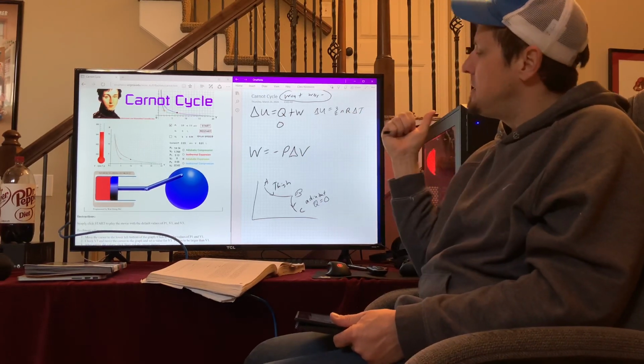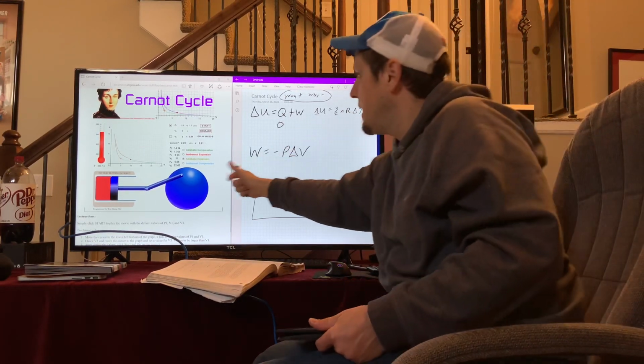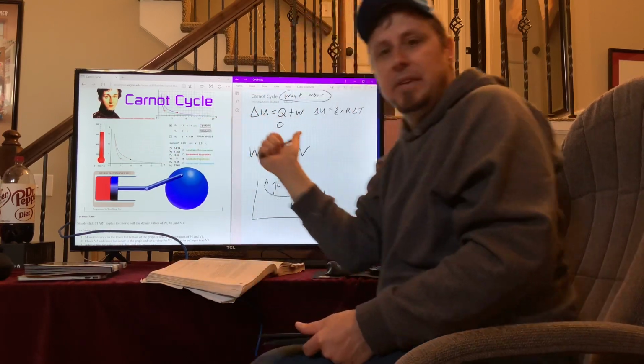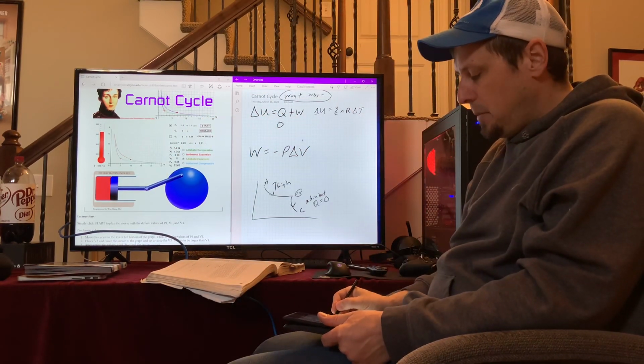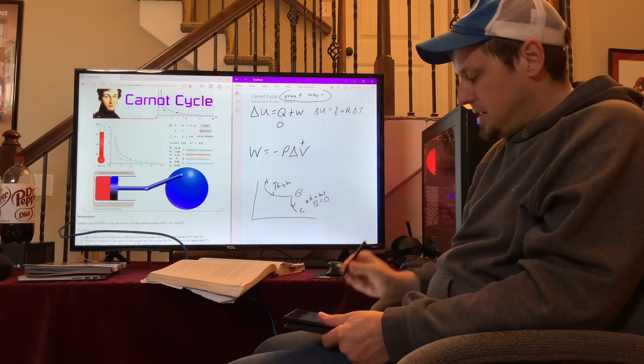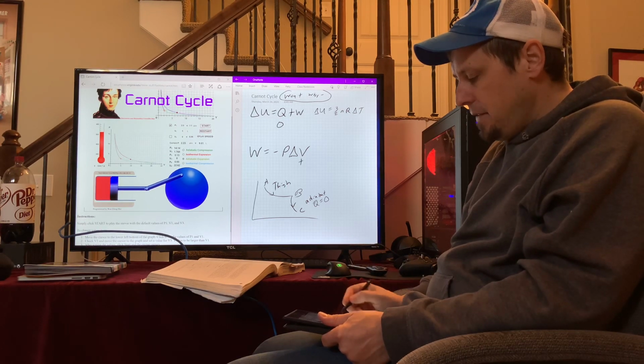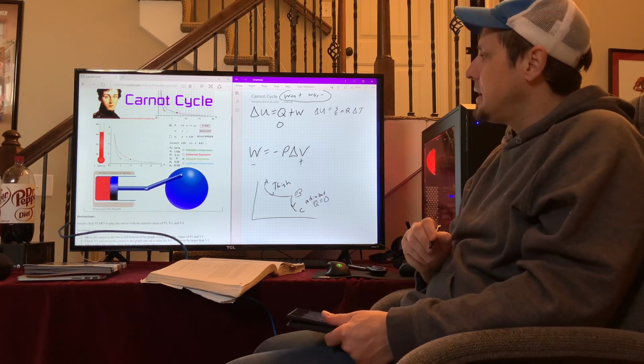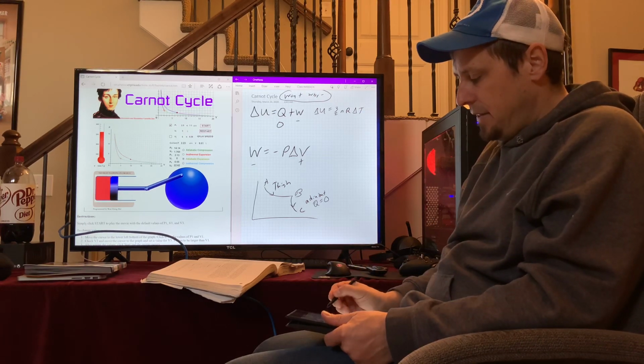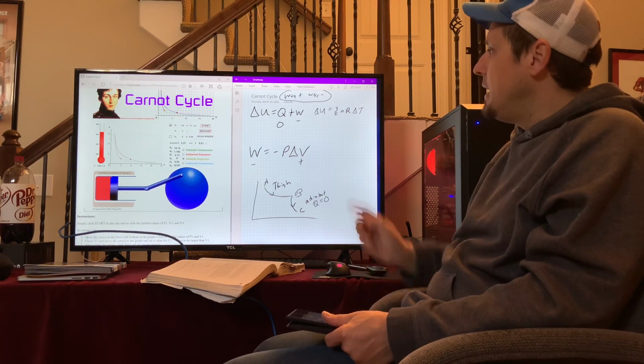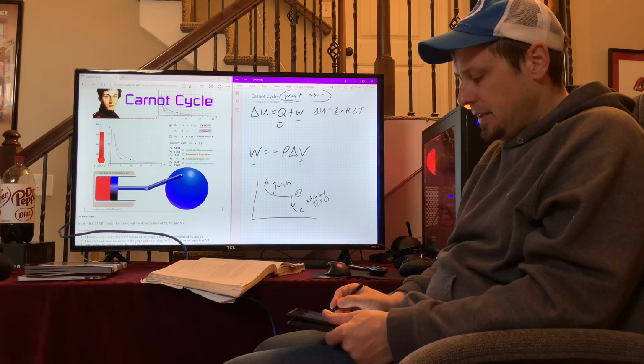And now we're still moving to the right. If we're moving to the right on the PV diagram, your delta V will be positive. Keep meaning to put these underneath. Your delta V will be positive, so your work done will be negative. So I'm going to put a negative in here for my work being done. And lo and behold, delta U should be negative.